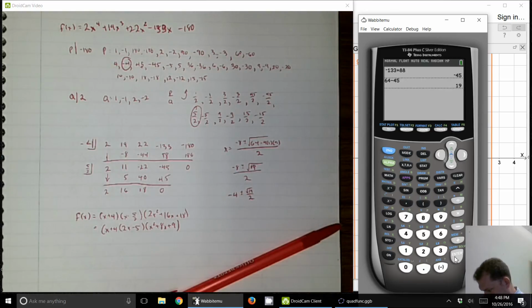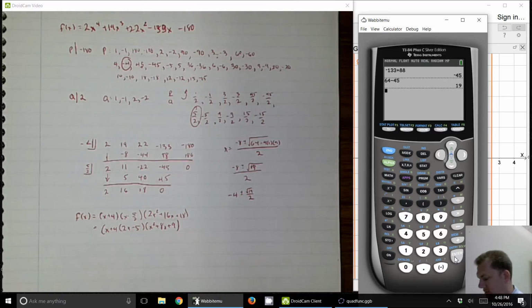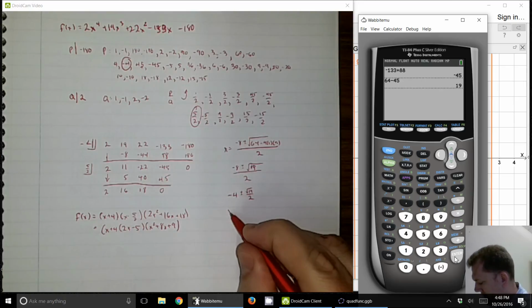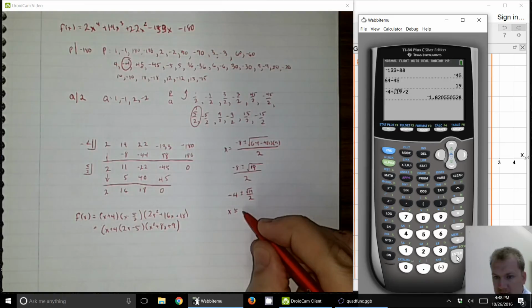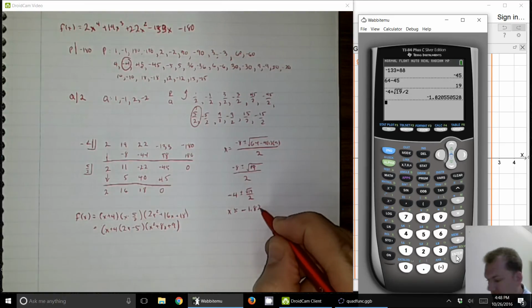Okay, so those are our irrational intercepts. So what are those? X is approximately negative 4 plus root 19 over 2. So that is negative 1.82.